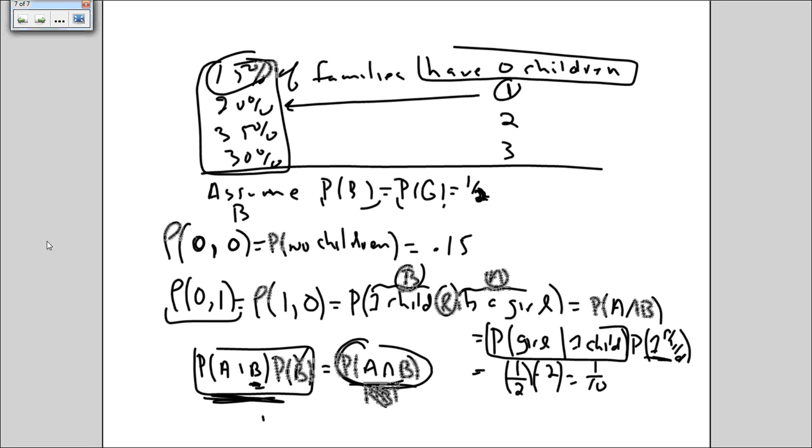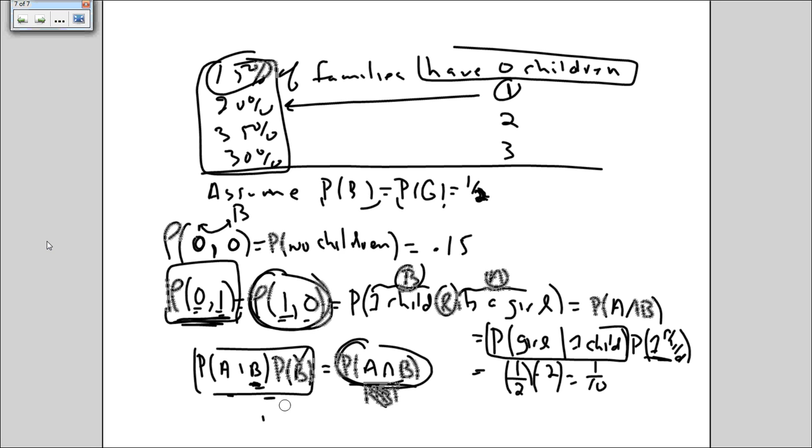So the probability that you have 0 girls and 1 boy is 1/10, which is the same as the probability that you have 1 girl and 0 boys. So for free, just writing this down gave me 2 answers. I just computed this one, and I got 1/10, but now I know that one. It's symmetrical. You can switch the boys and the girls.